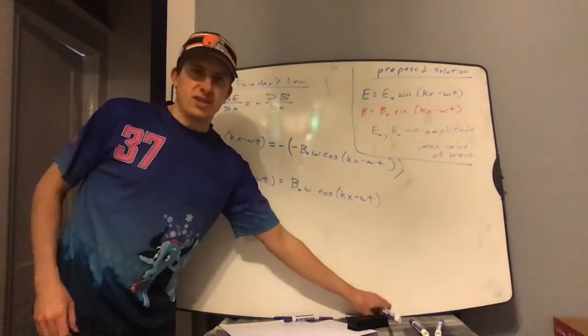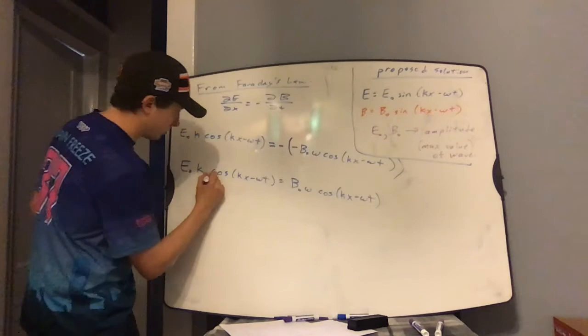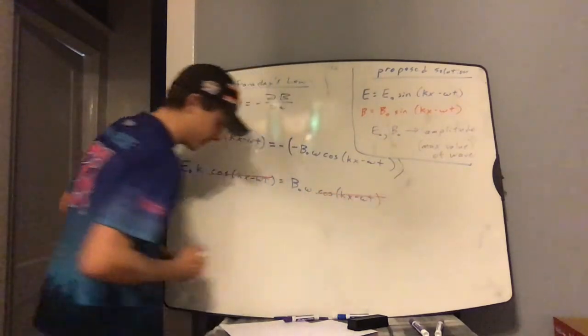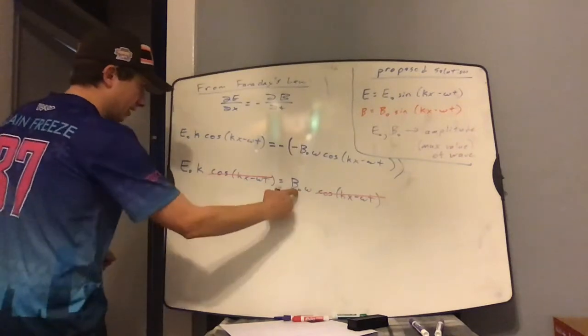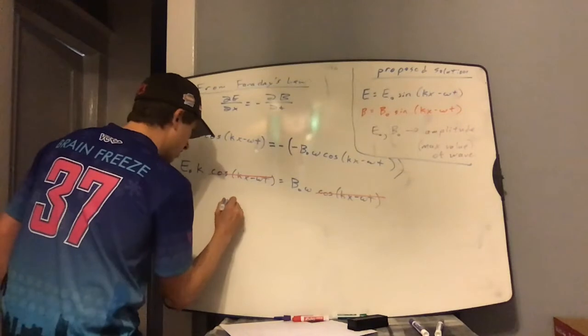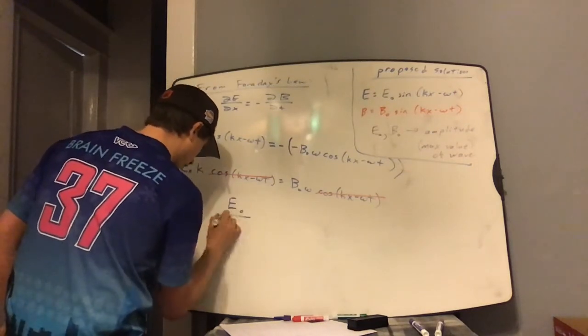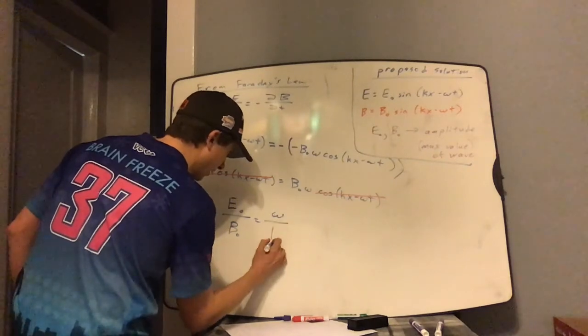Now I notice cosine kx minus omega t is common to both sides, so I could cancel these two terms. If I rearrange this, I could write E naught over B naught is equal to omega over k. So E naught over B naught is equal to omega over k.